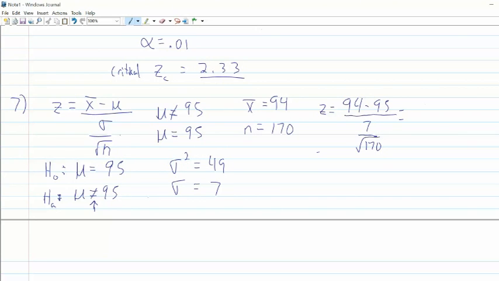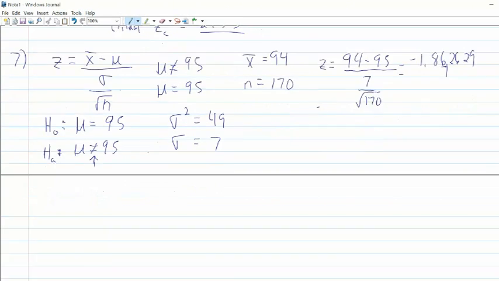So when you do that, you get about negative 1.862629, whatever. So round that to two places. That's what we do with the z-score. That's the test statistic. We round to two places, negative 1.86. Right? That's your answer.